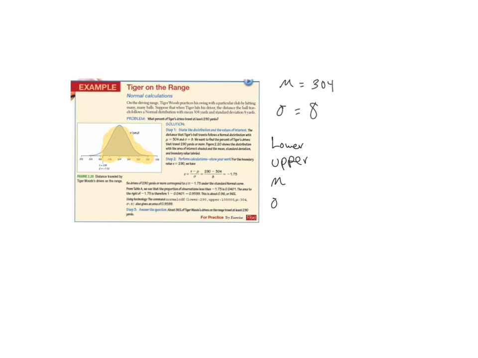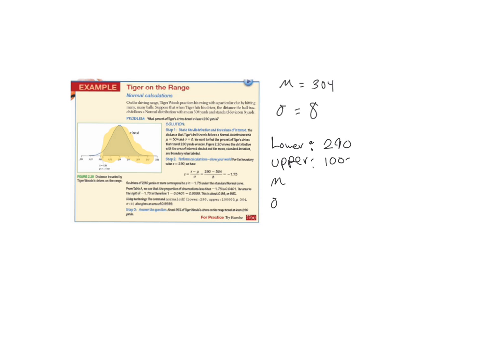So the lower bound is the lowest value it can be. In this problem, that could be 290, so we're going to put 290. Now the upper bound, when we're finding the whole thing all the way up, we're not going to stop at any of the standard deviations. We're going to put a really large number, so I'm going to put 10,000.